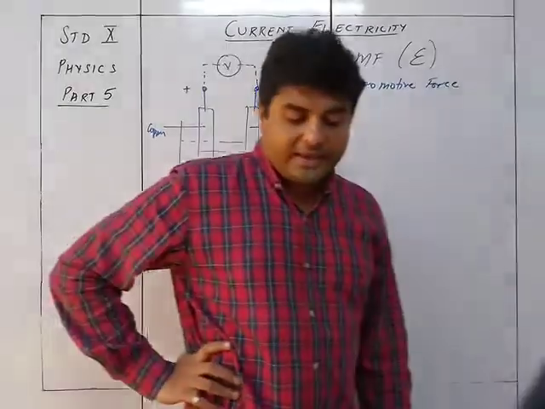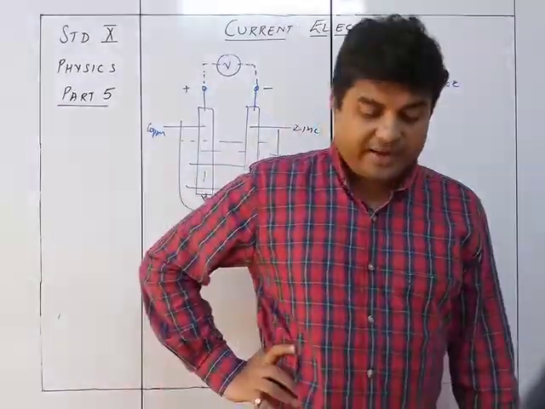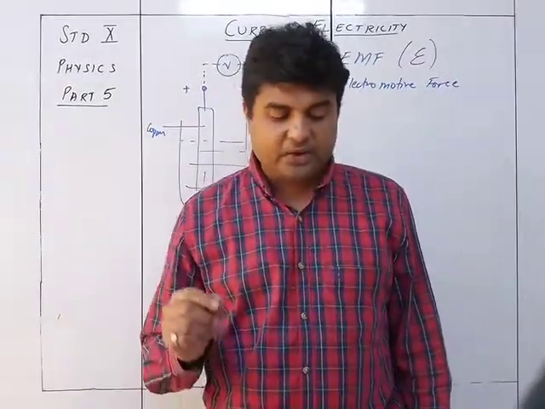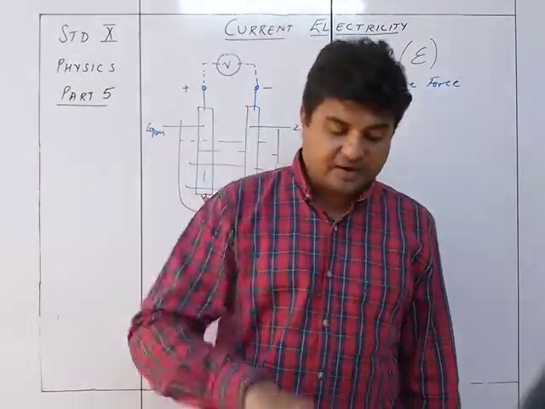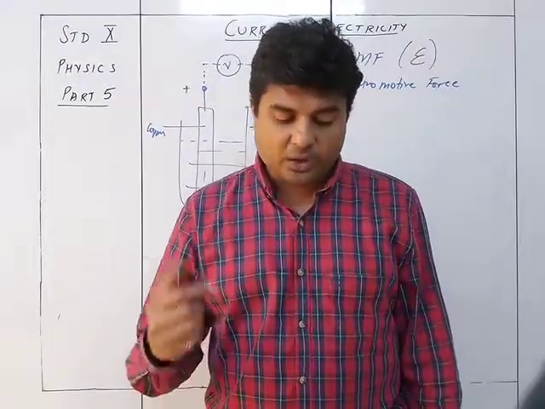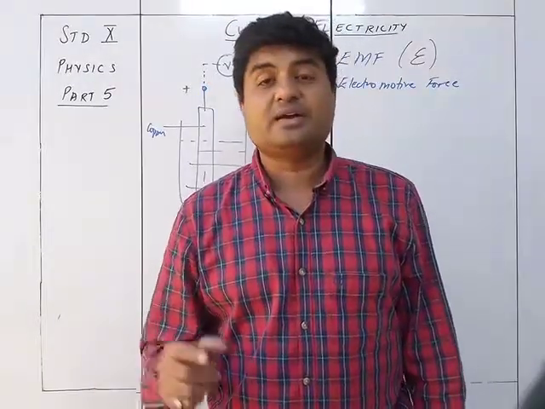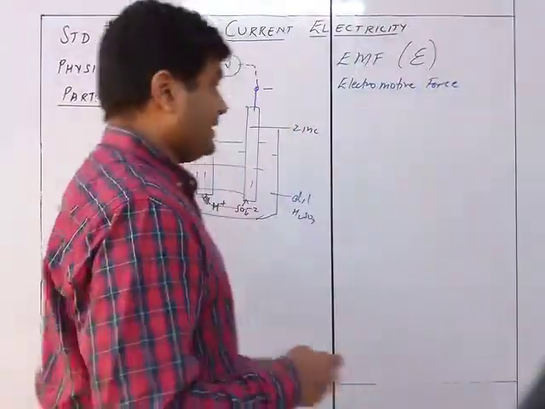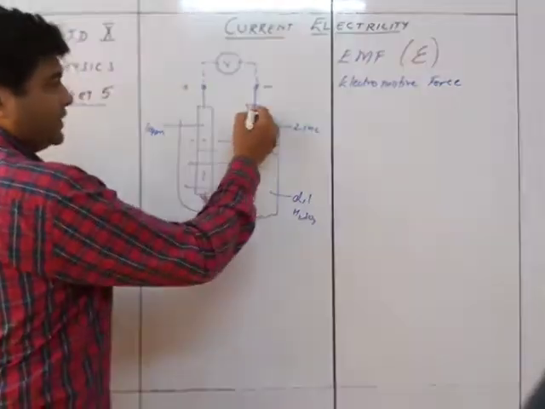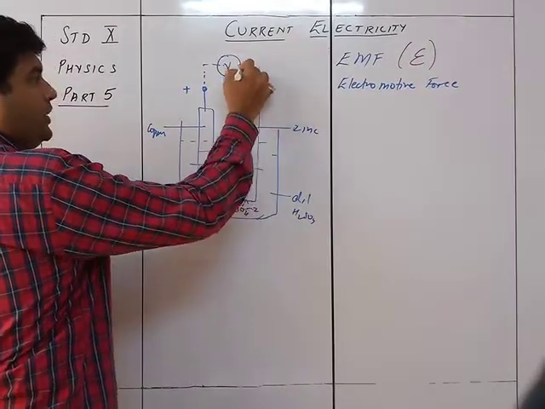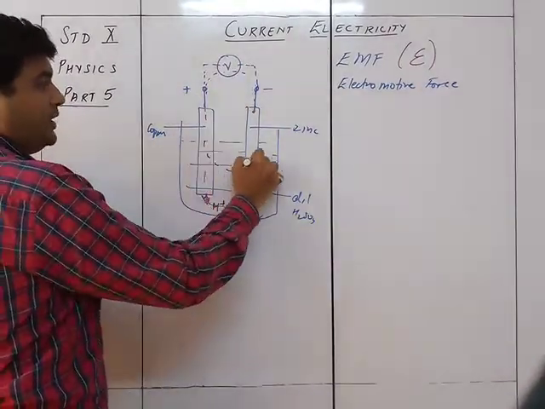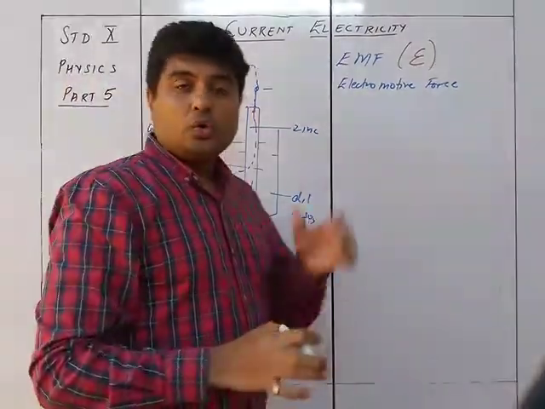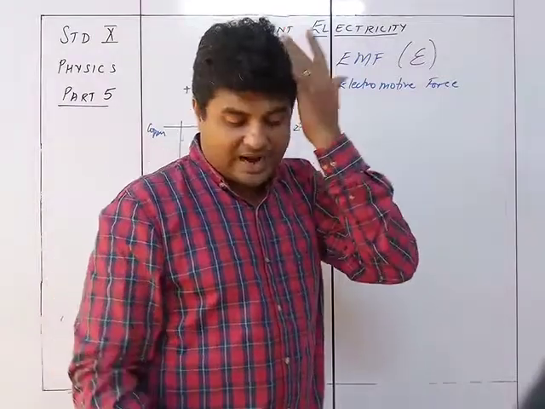Therefore, the EMF of the cell is defined as the energy spent or the work done per unit charge in taking a unit positive charge around the complete circuit of the cell. That is, the circuit outside the cell as well as the circuit in the electrolyte inside the cell. So the work done in taking the charge from here to here and back over here, this complete cycle, the work done to move a charge, okay?